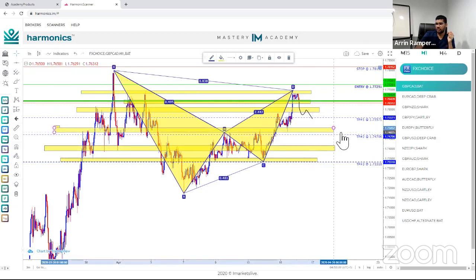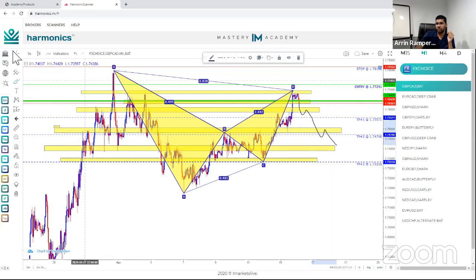Now, your next level of support. This is why we always want you guys to learn support and resistance first. Price comes down, does that. Now you want to move your red line from there.